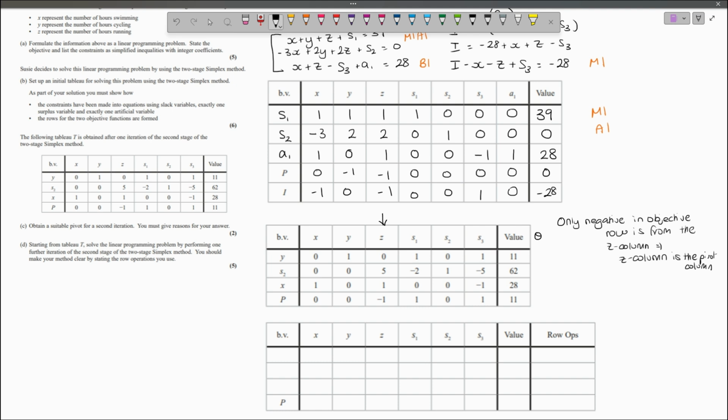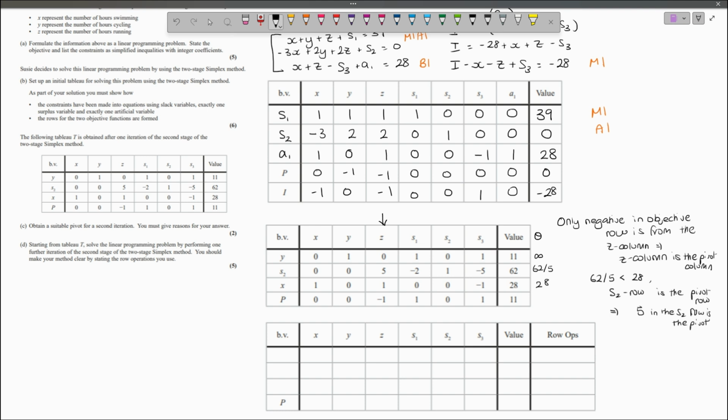And then if we calculate our theta values, we're going to get infinity, we're going to get 62/5, we're going to get 28, and we don't need to calculate a pivot for the objective row. So because 62/5 is smaller than 28, S2 row is the pivot row, which implies 5 in the S2 row is the pivot.